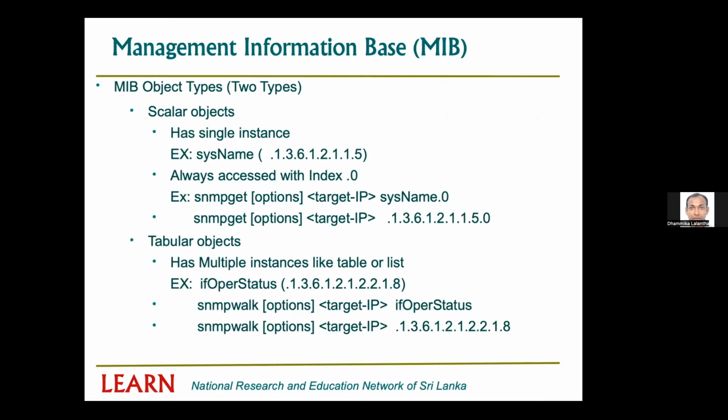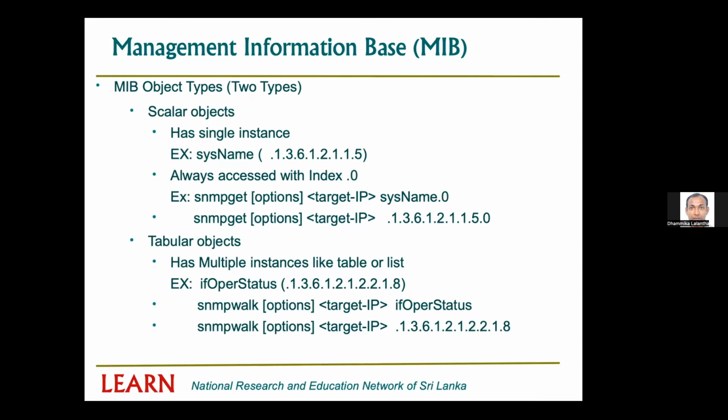As I said, MIB normally has two object types. One is the scalar object. It is a single value, with a single instance, and sysName is an example of that.